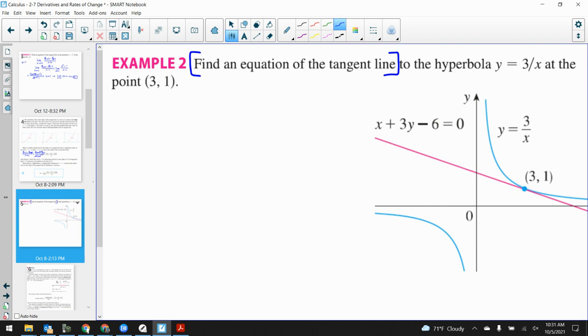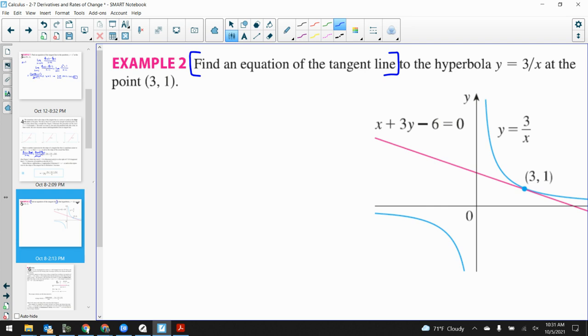So we're going to find the equation of the tangent line to that function. So it needs to be the slope of this function at the point 3, 1. So I'm going to find the slope at 3, 1, then use that point and that new slope to create my line.